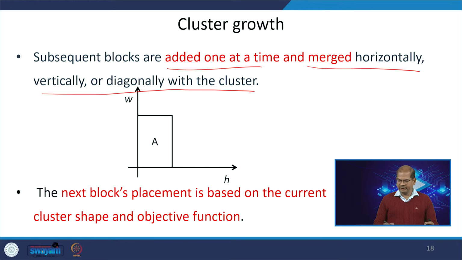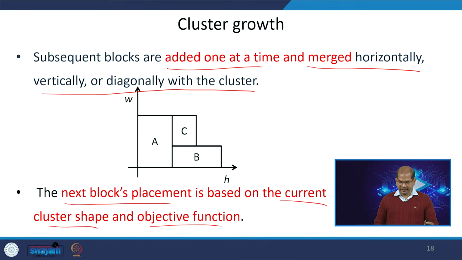The next block's placement is based on the current cluster shape and the objective function, whatever objective we want to look for. Let us say block B is placed, and then block C is placed. This is my overall global bounding box. So this is an example of a cluster growth algorithm.